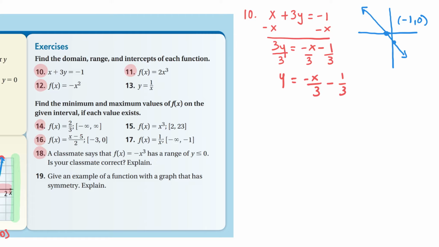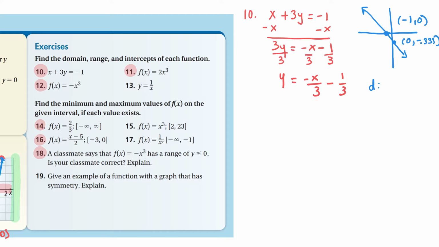This is your y-intercept, which is 0, -.333, and you know that that is -1/3. So the x-intercept is -1, 0, and the y-intercept is 0, -1/3.